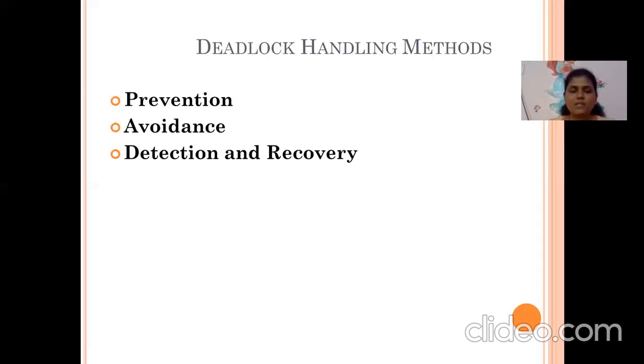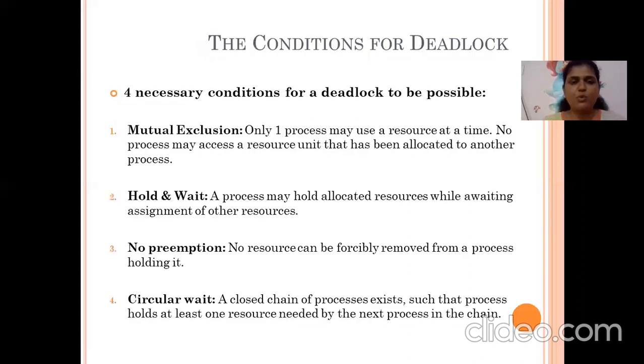Now, why is this deadlock occurring? Because of four necessary conditions that are there in the system. Which are those? We have seen those conditions last time. Mutual exclusion: that means all the resources present in the system are exclusively given to a process. They are not given in a shared way.